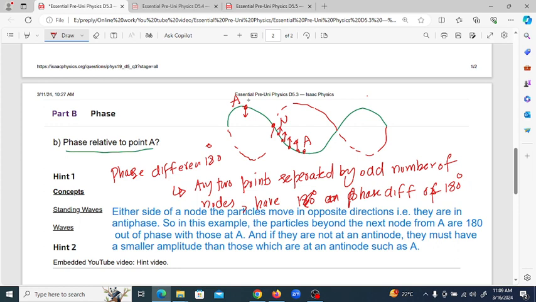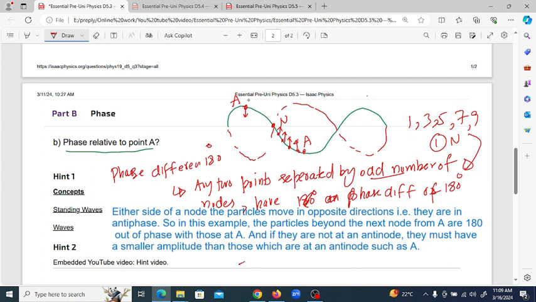For example, between A and all these points there is one node difference, because they are separated by one node. Also if they are separated by 3 nodes, 5 nodes, 7 nodes, 9 nodes, all these points have a 180 phase difference.